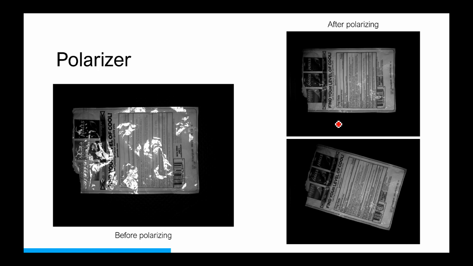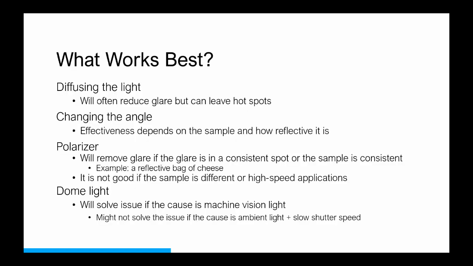So sometimes a polarizer will do 99%, but it doesn't quite do 100. And most barcode readers could probably still read this, so this could still be a good option for your machine vision system if you can't get a dome light close enough. But that's the pros and cons of a polarizer.